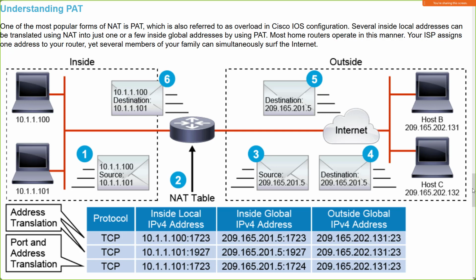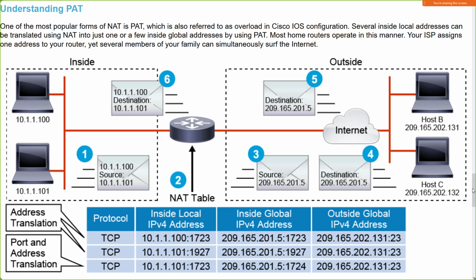So if you look at the table here, we can see that the first session, host 10.1.1.100, used an ephemeral port of 1723. That's the random source port. It got translated to the IP address on the outside of our router, 209.165.201.5, and the port was not translated. The destination is telnet to 209.165.202.131.